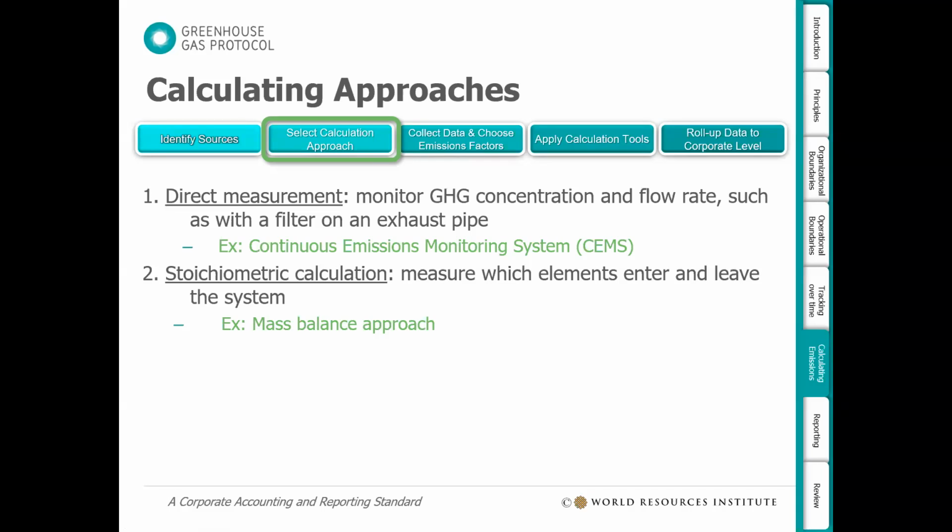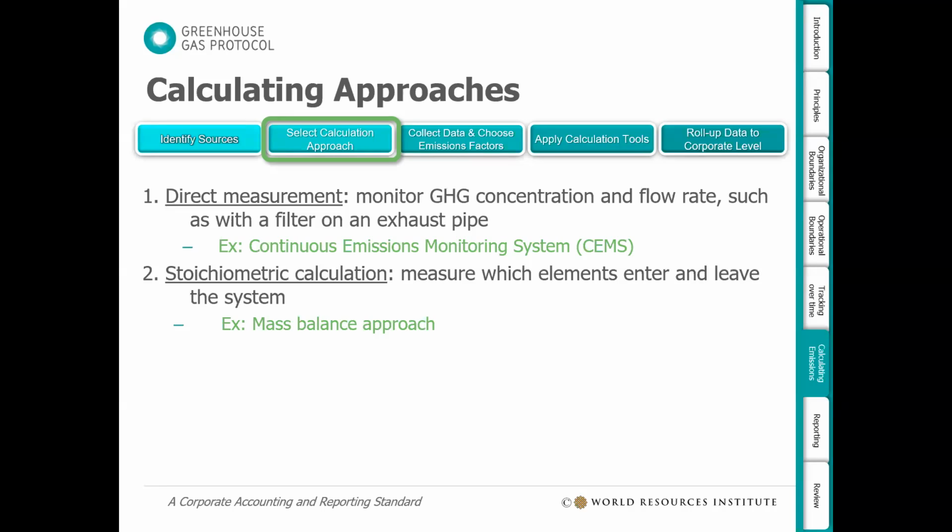And because chemical elements can't be destroyed or created, this approach can be used when an element's input and output streams are known. Okay, so one just subtracts the carbon in the output stream from the carbon in the input stream to obtain the residual, which is the mass of carbon that was emitted from that process.